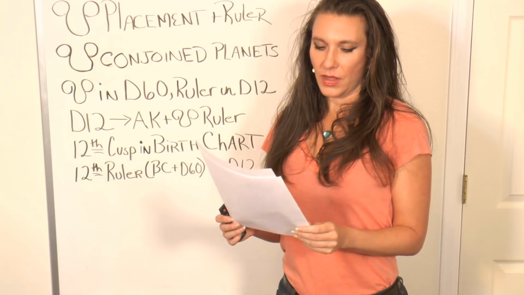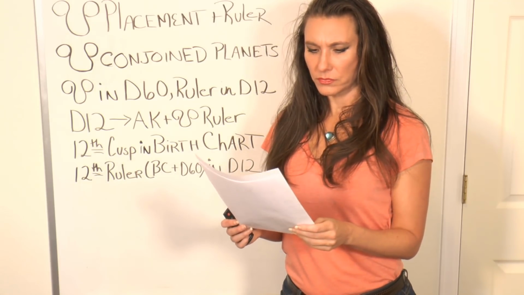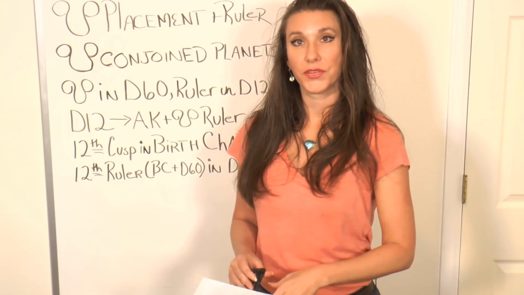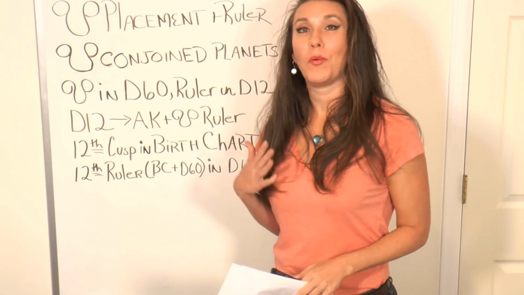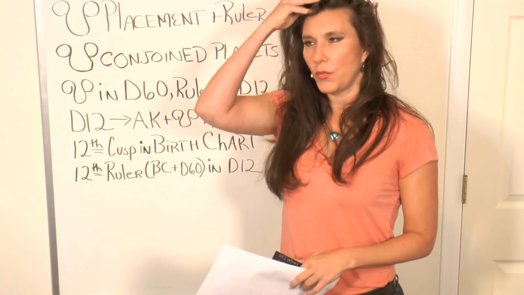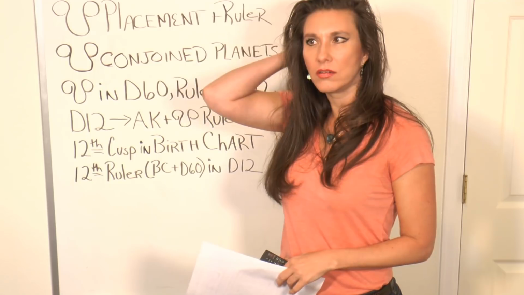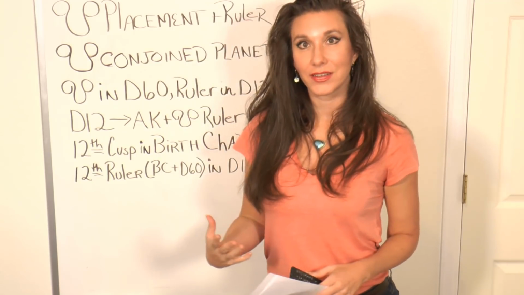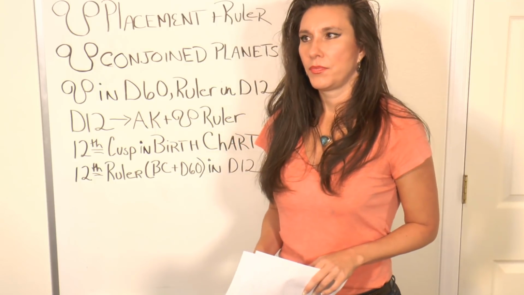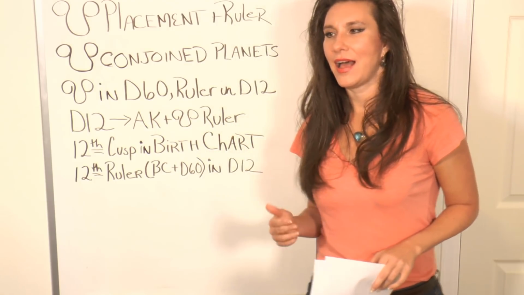Then the 11th house. The 11th house has to do with our social groups and our peers. It's about winning awards, and it's awards that we get after a long, drawn-out effort, an incredible effort to get something done. And the 11th house is the last desire house.